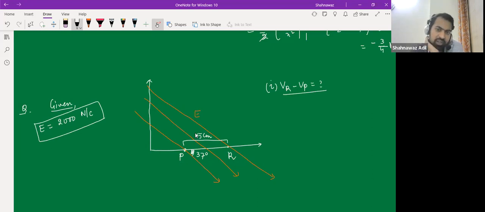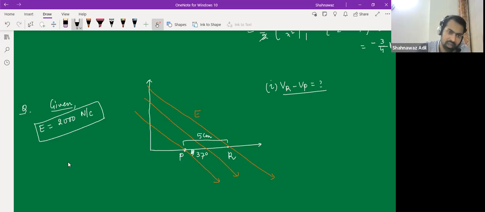Rabia, what kind of electric field is this? Variable or uniform? Just to tell you that these are parallel lines. If these are parallel lines, then what kind of electric field is this? Variable or uniform? Rabia.